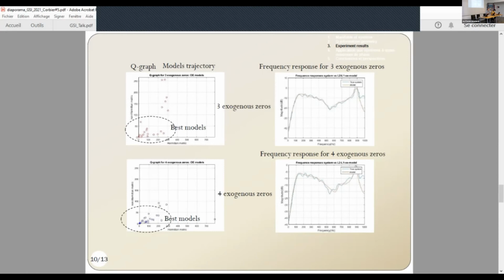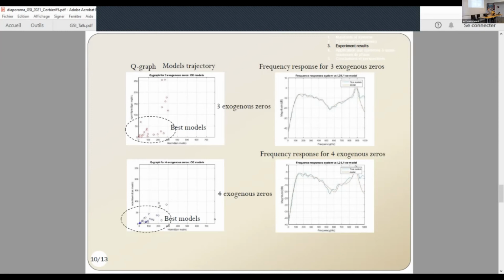Okay, and in fact, the Q graph is a Z-plane. The axis plane, the real axis is the Hermitian metric, and the imaginary axis is the non-Hermitian metric. But these 2 axes are in quadrature.